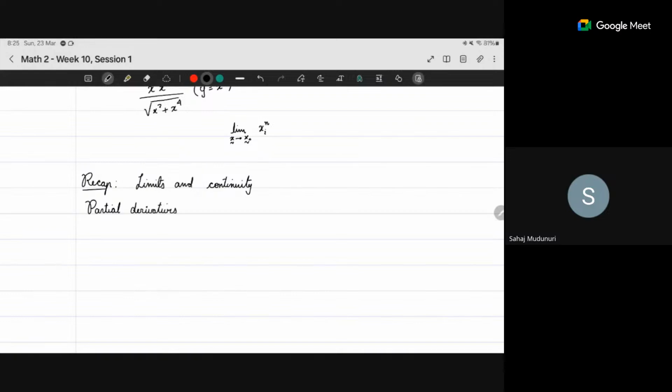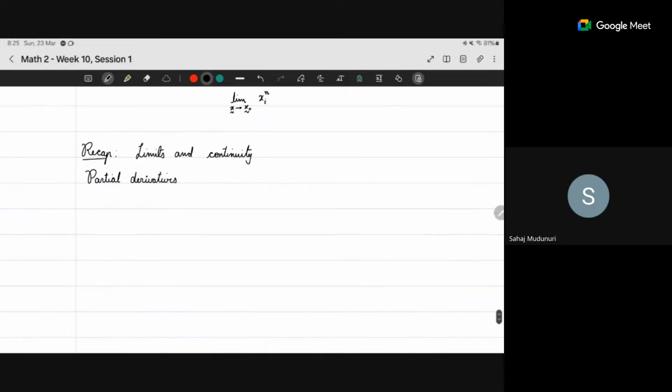So I will not write over and over again that it's a scalar valued multivariable function. Always assume that there's a scalar valued multivariable function in the background. So the partial derivative is denoted by f_xi or ∂f/∂xi.